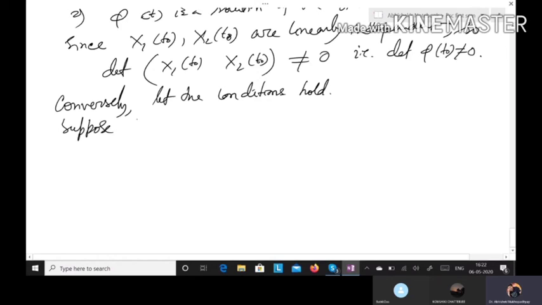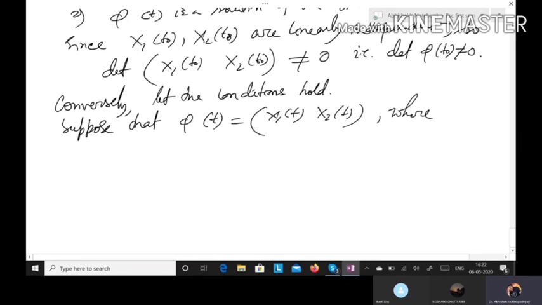So suppose that phi of t is x1(t), x2(t), where x1, x2 are column vectors.